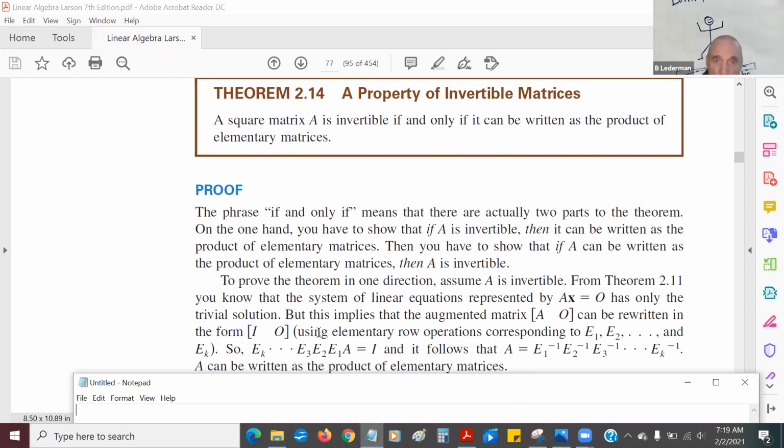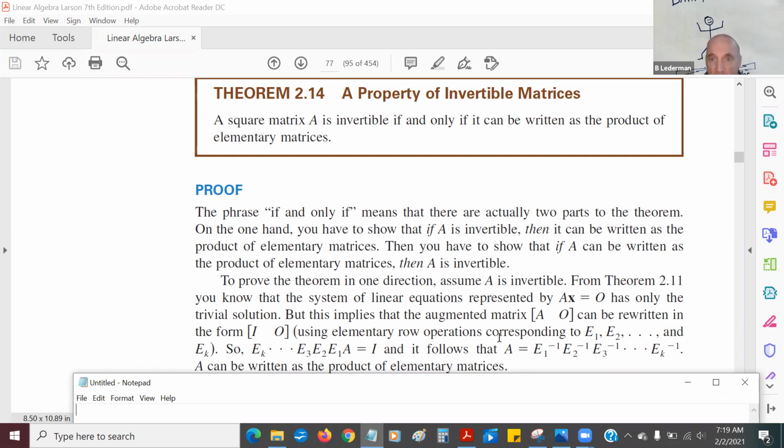Then I multiply by E2, that's the second operation. I keep going until, when I multiply by EK, the original matrix A winds up looking like the identity matrix, with all ones down the diagonal and the rest all zeros.